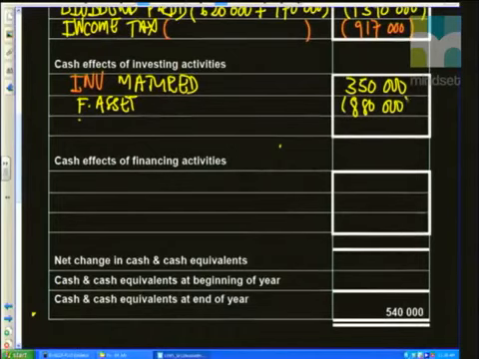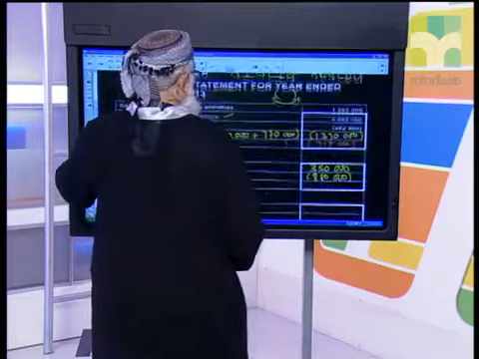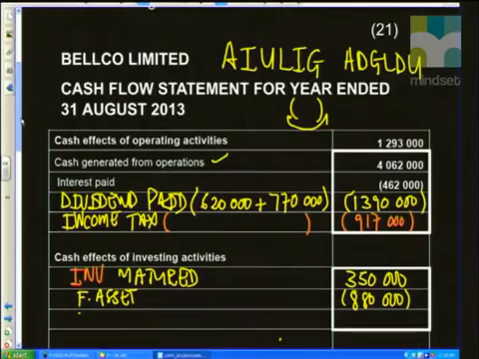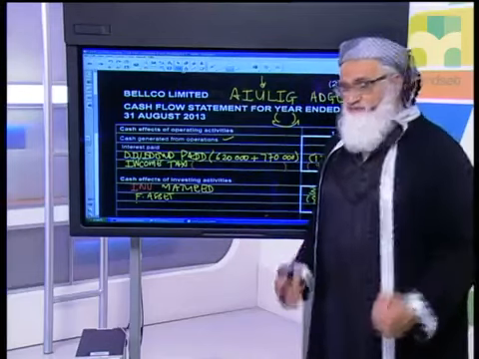And remember, a bracket. Why? Because an asset increasing in value means that you utilized cash, and when you're utilizing the cash, it means that there's an outflow of funds.